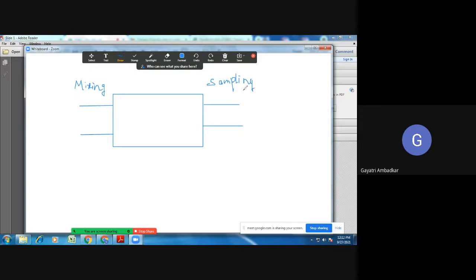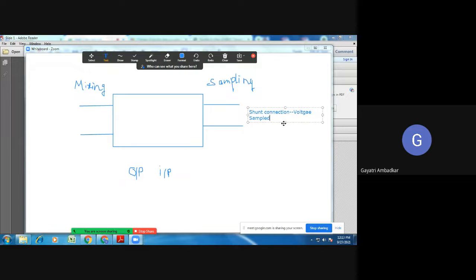Clear? Mixing and sampling. So first of all, you look at the output side, then you look at the input side. When you find a shunt type of connection, it means voltage is sampled.